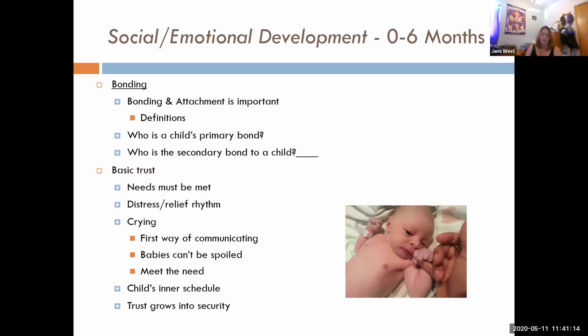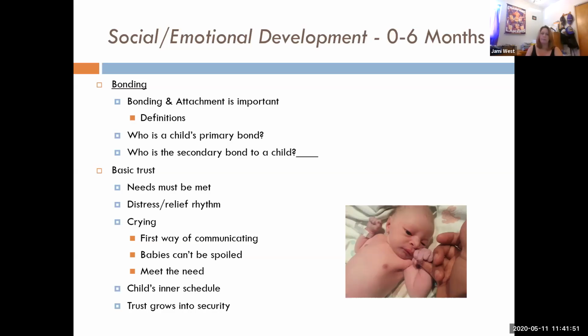When this rhythm is repeated over and over again, consistently, and not only that it's met consistently, but it's met positively, warmly, compassionately, basic trust is developed in infants.